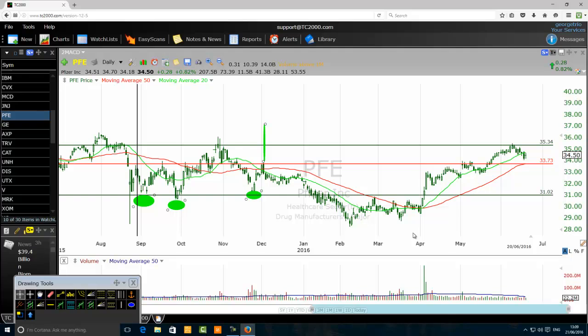So the best approach, as I showed you in the first example, is when the moving average 20 crosses above the moving average 50, and the price is at a resistance level, we want the price to pull back near the moving average 50. In fact, to pull back to the resistance level that the price broke above. So usually you see a break above a resistance level, and it must retest that resistance level, and then we implement a top-down trading method. That's the best approach, okay?